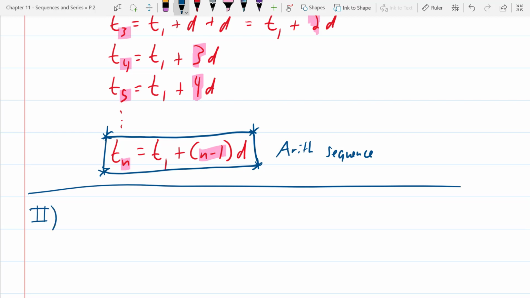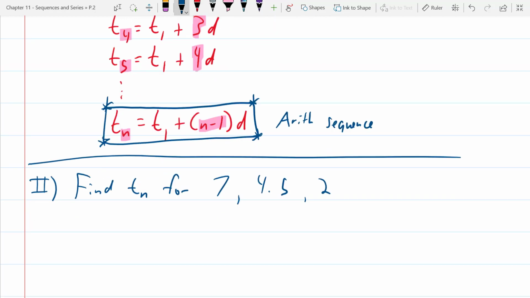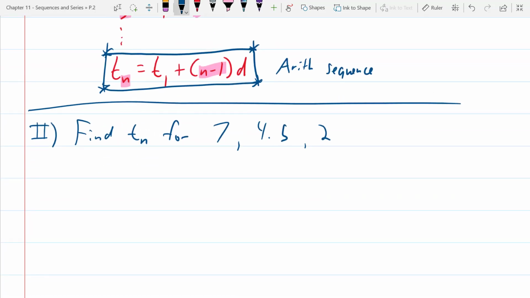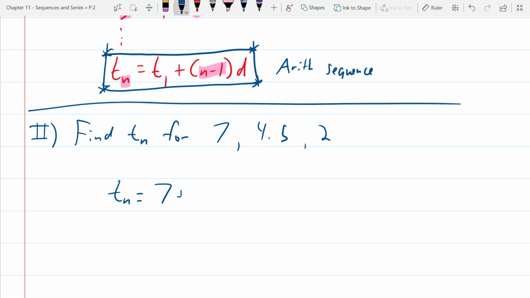And that's weird, kind of keep the same thing, but if I say find t of n for 7, 4.5, and 2, and sometimes I'm going to put commas between them. Well, that is right up above. We're just going to take t of n is equal to t of 1, which is 7, plus n minus 1 times the common difference, and the common difference was negative 2.5.